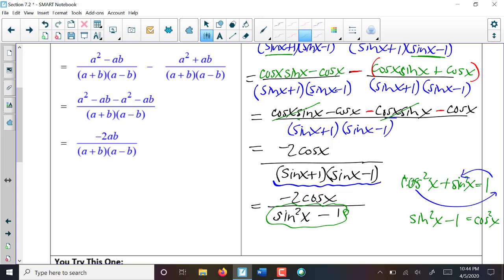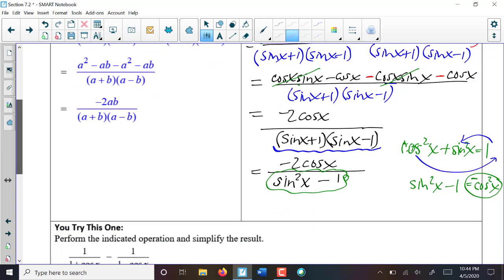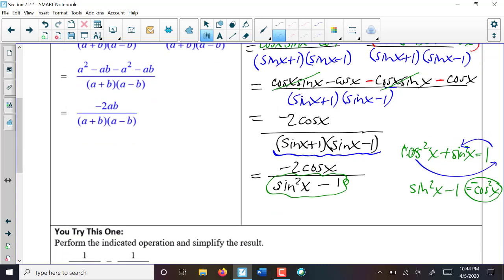negative cosine squared x. So I can then replace this denominator with negative cosine squared x. All right, so I have negative 2 cosine x over negative cosine squared x.